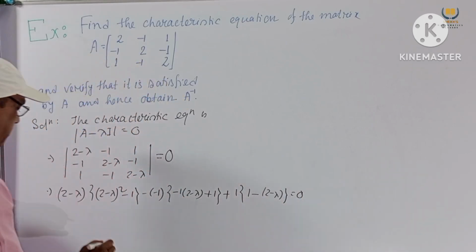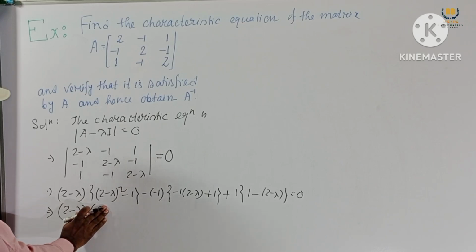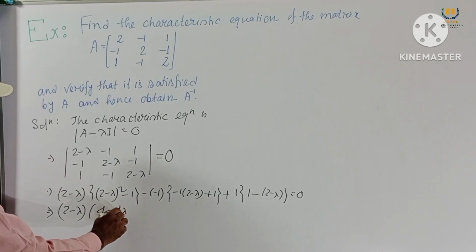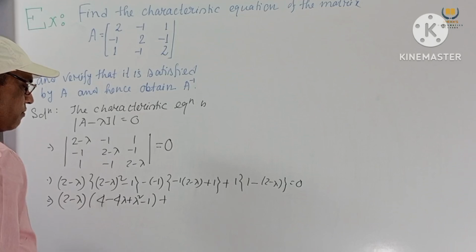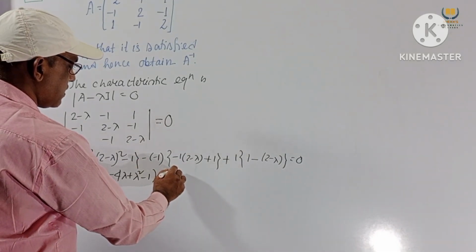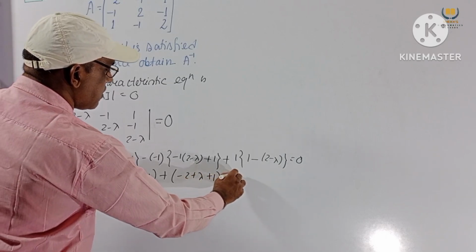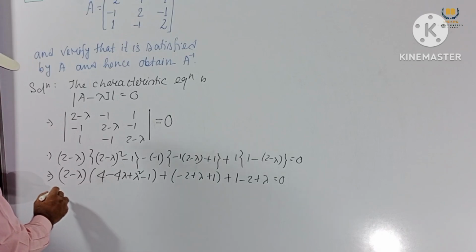This implies (2 minus lambda) times (a minus b whole square: 4 minus 4 lambda plus lambda square, minus 1), and the other terms give minus 2 plus lambda plus 1, and 1 minus 2 plus lambda, equal to 0.